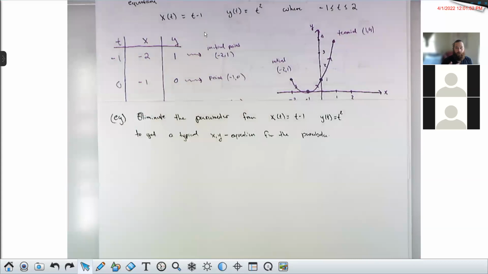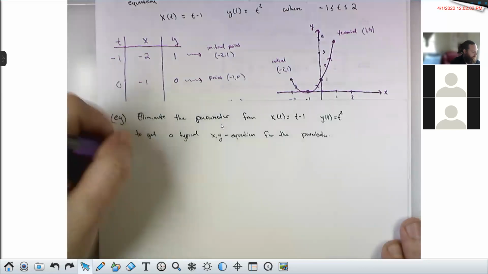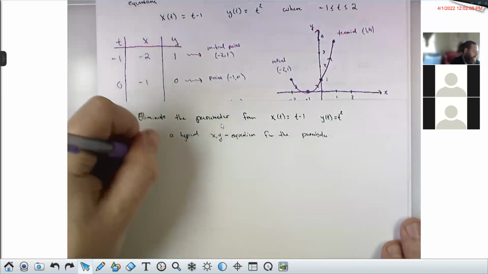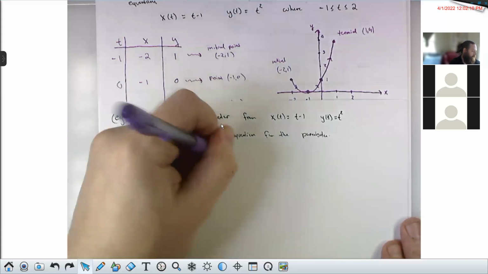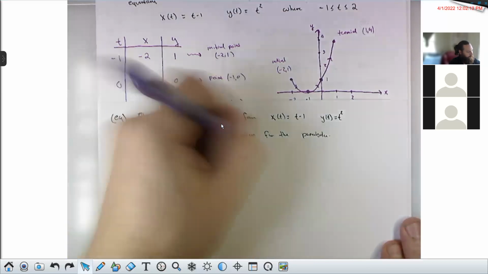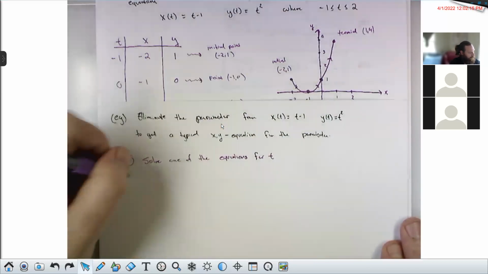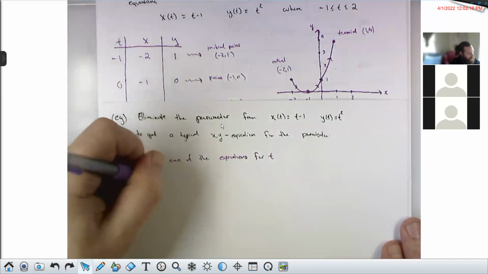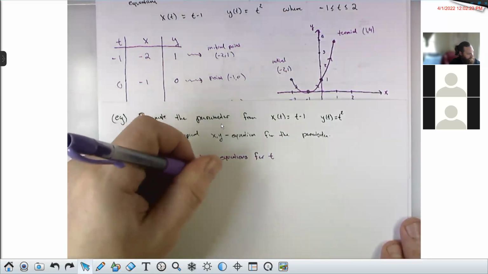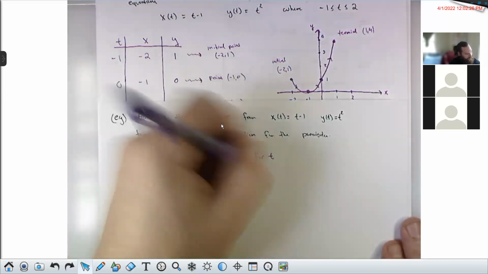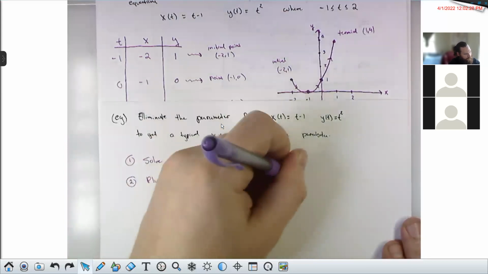If your parametric equations are nice, simple equations, algebra or polynomial type equations, then the easiest way to eliminate the parameter is to solve one of the equations for t, and plug that expression in for t in the other equation.